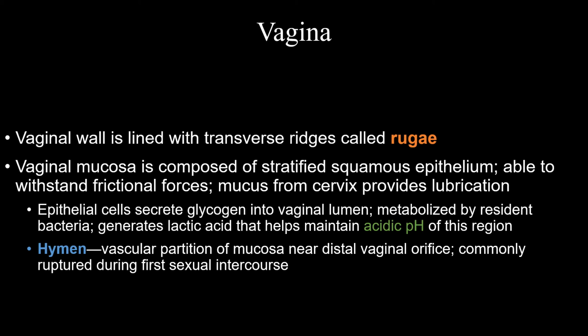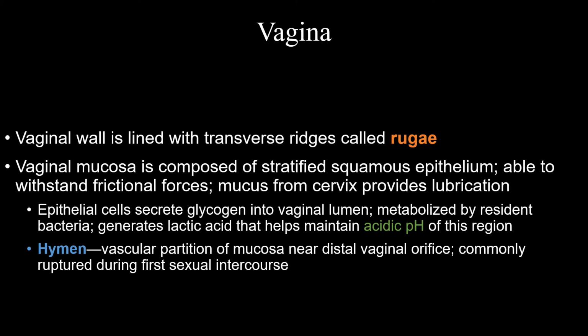This helps maintain the acidic pH of the normally healthy vagina and helps keep it free of infection. Earlier, we mentioned that the acidic pH of the vagina is also hostile to sperm, and this is one of those reasons why alkaline semen is so important for maintaining sperm health in the female reproductive tract.